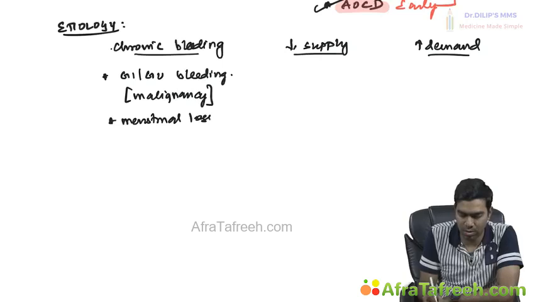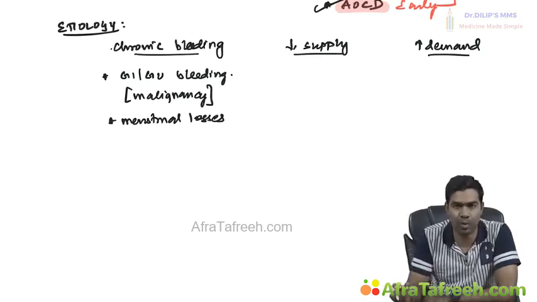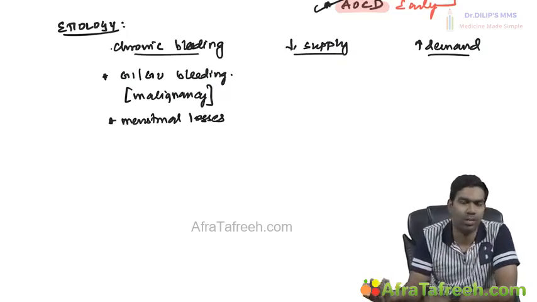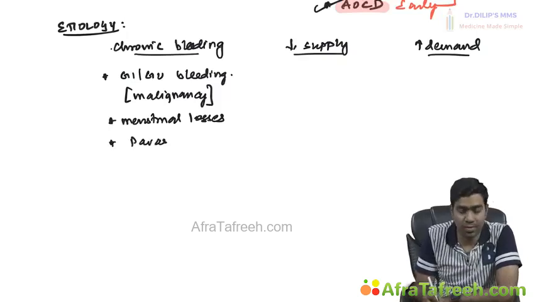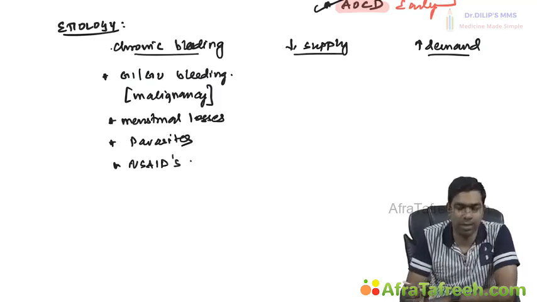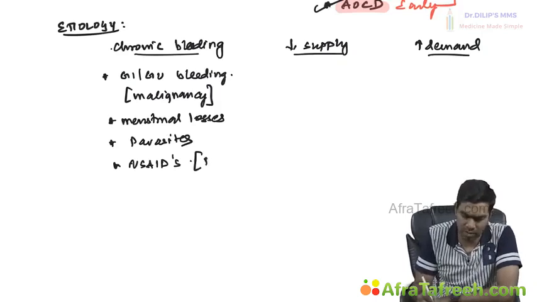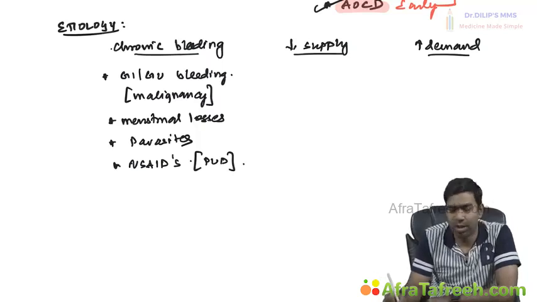Even normal menstrual losses, need not be excessive, if not replaced adequately, in the long run might result in iron deficiency anemia. Or it could be due to parasites like hookworm infestation, especially in countries like India, or you might get it with NSAIDs. Obviously, NSAIDs can cause peptic ulcer bleeding, or alternatively any peptic ulcer disease. So these are the things that you have to know in chronic bleeding.